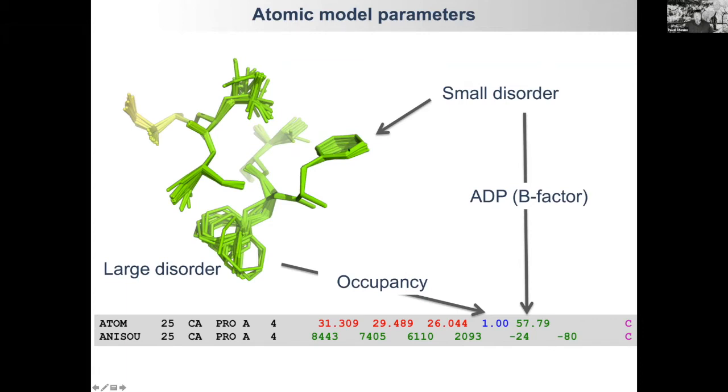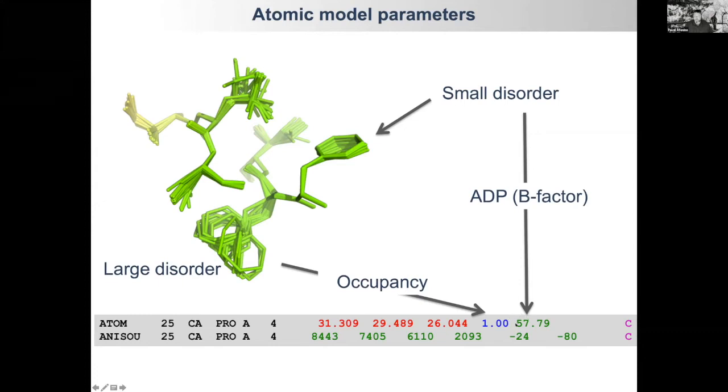And B factor can be, depending on the data resolution and data quality you have, approximated as just one sphere, or if the data resolution is high enough, it can be what we call anisotropic, an ellipsoid.